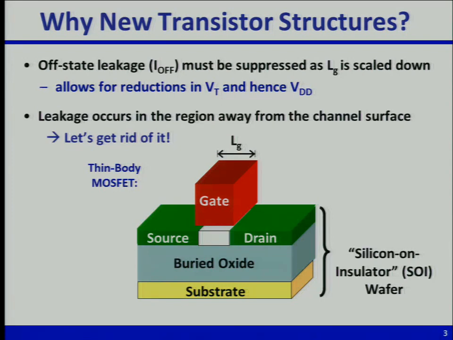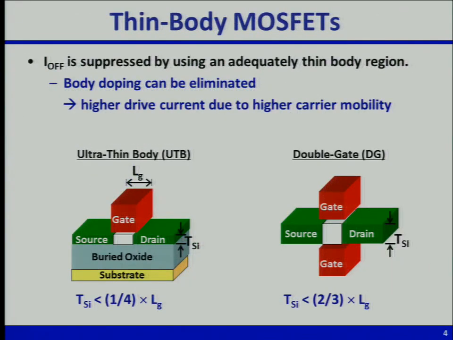It's a little expensive. So these silicon on insulator wafers are actually 10%, a few $100s more per 300 millimeter wafer than a bulk silicon wafer. So there's some cost involved. But in any case, the easiest way to make a thin body transistor is to start with a silicon on insulator wafer. And so researchers here at Berkeley and other places in the world started looking at ultra-thin body transistors.